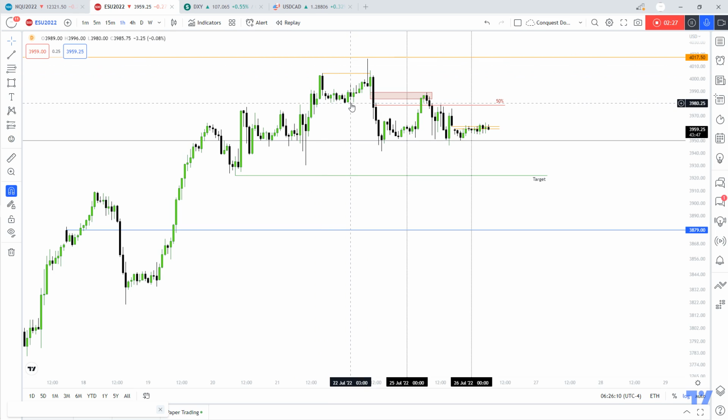Then this would be an area where we would look to see price pull back into if we want to chase these lows, targeting that low right there, coming down to this imbalance area here. And this blue line here shows the bullish order block on the daily time frame.